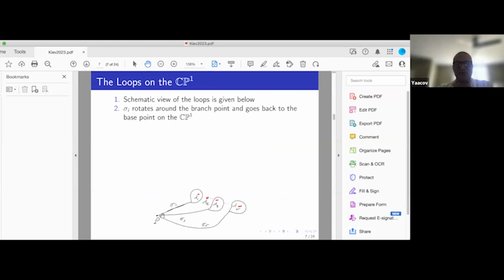Now, if you compare it with the usual cuts, when I talk about cuts, I take my base point and I just draw a line directly into the branch point. But here it's a little bit more subtle. You don't go directly to the branch points. You kind of surround it, and you go back to P. And this, I think, is a little bit better because, when you have this kind of presentation of analytic continuation, you can actually rely on the fundamental group theory of coverings.